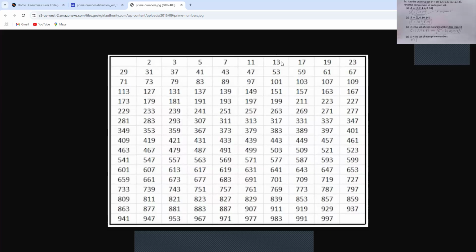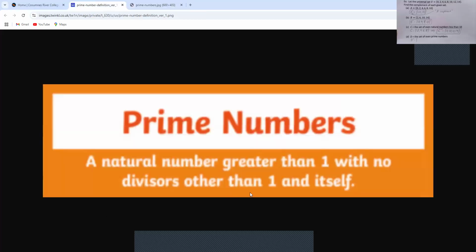You're going to have a remainder or a decimal answer. Try 13 divided by 3, or 13 divided by 4. Again, you're going to have a remainder or a decimal answer. The only things you can divide 13 by and make it work out nicely are 1 and 13, 1 and itself. That's what we mean by this definition here: has no divisors other than 1 and itself.